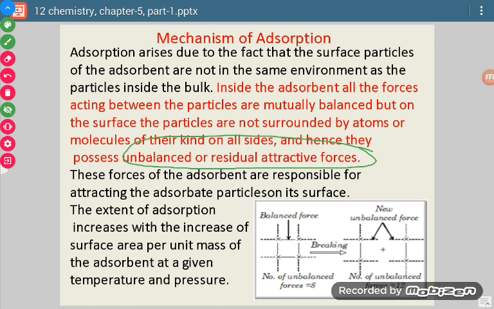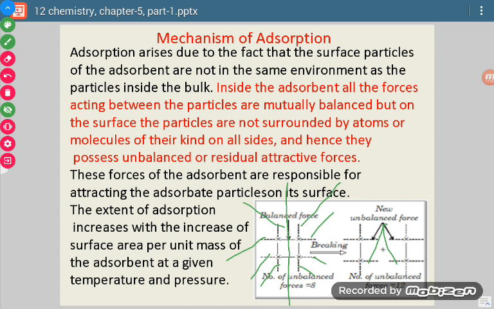Now see, in this diagram we have taken this piece and shown the balanced and unbalanced forces. Unbalanced forces are shown by dotted lines. These are unbalanced forces, and there are 8 unbalanced forces. If I break this substance, then what is going to happen? Its surface area is going to increase, and these new unbalanced forces will also come into action.